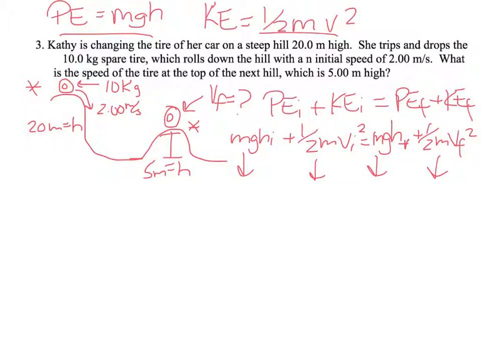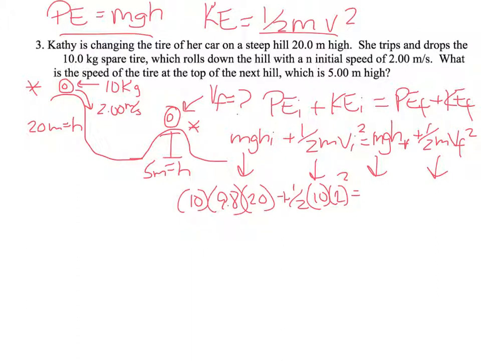So for example, the mass of the tire is 10, gravity is 9.8 for acceleration, and the original height is 20 meters. We know that the mass again is 10 kilograms. The velocity is going to be 2 meters per second, squared.